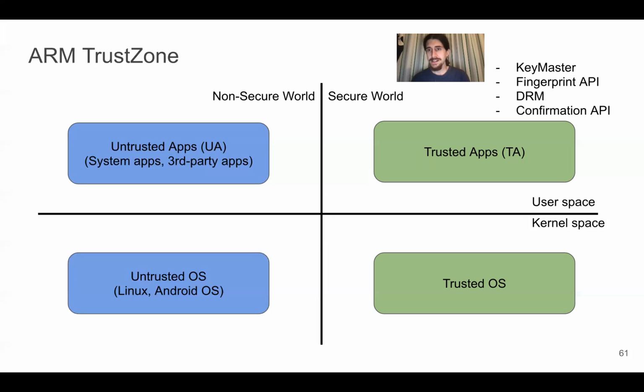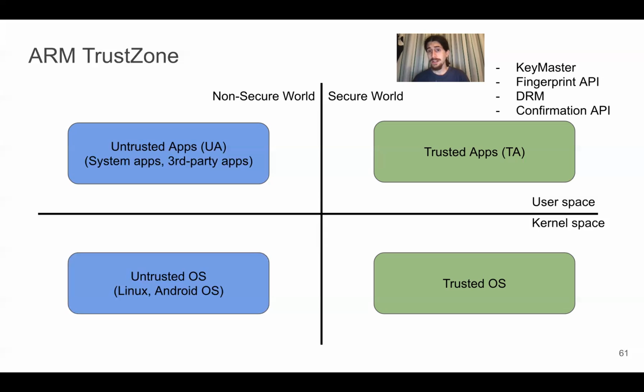We have different things such as the keymaster, a trusted app that handles cryptographic material; the fingerprint API, which processes your fingerprint data, which of course is very sensitive; or the confirmation API, a kind of complex API that is extremely interesting and deals with the topic of UI security, so we're going to deal with it later on.